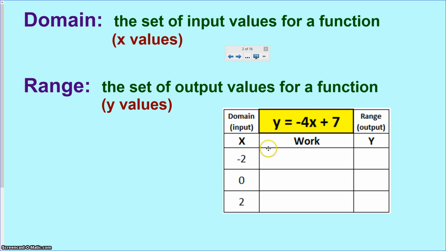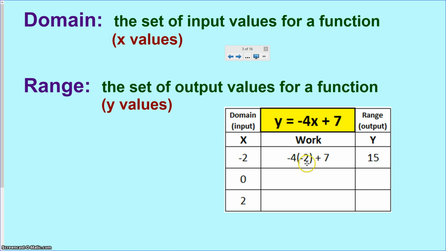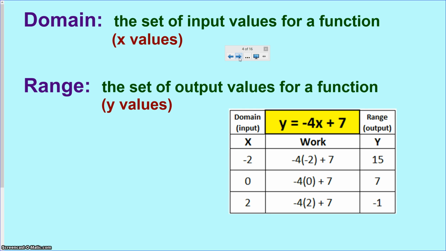We plugged in our x, so in this case we take -2 times -4 and then add 7 to it. So we did a little bit of work to it. And then we got our answer of 15. We continued on down the table until our table was complete. After we did that, we graphed these coordinates, -2, 15, 0, 7, and 2, -1.